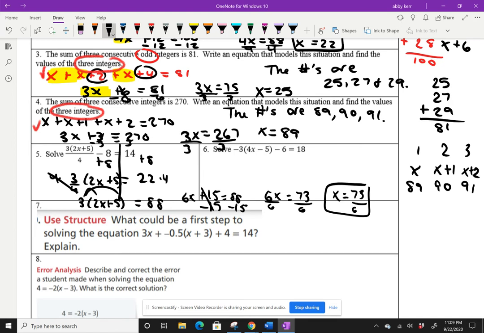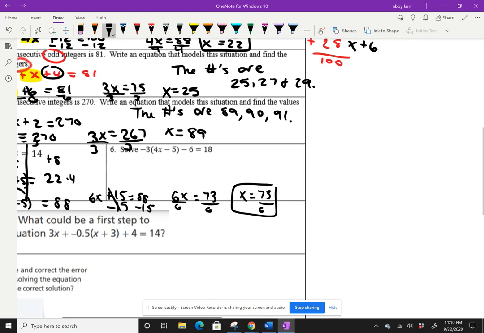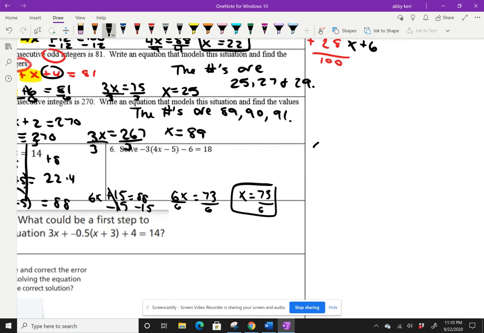This is one reason why I didn't want you to write on the worksheet, because there's not enough room. So ideally you would write this all underneath of each other, but in my case I ran out of room. So I'm going to erase some of this work to do number 6. So I will just do number 6 on the side so it's easier for you guys.